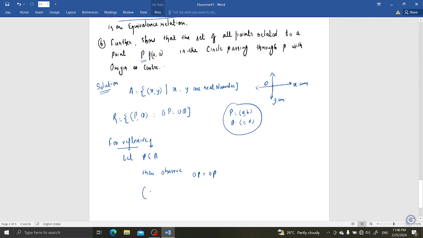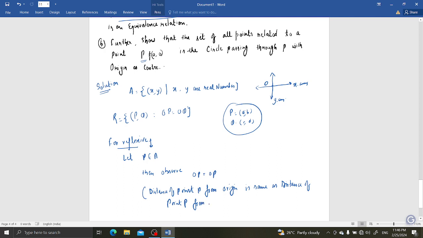Because the distance of point P from the origin is the same as the distance of point P from the origin.